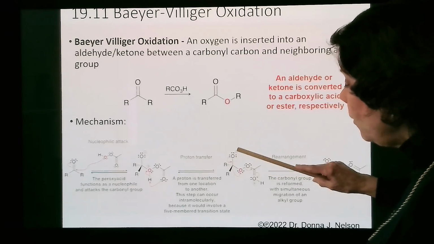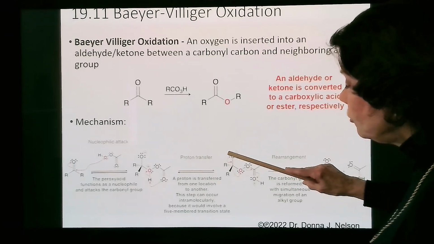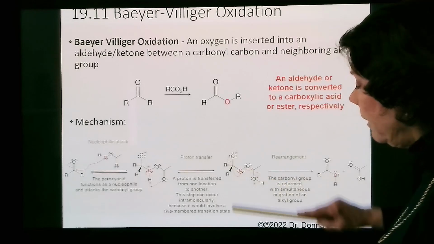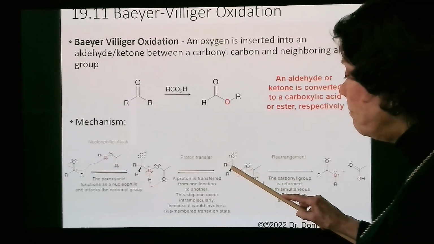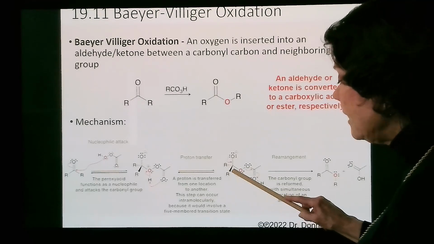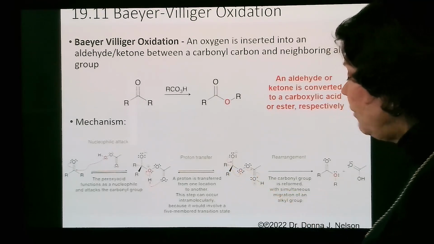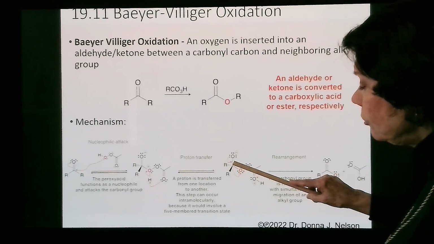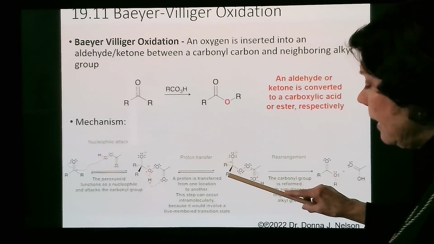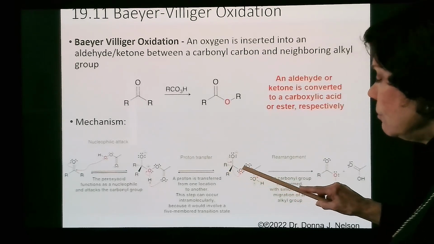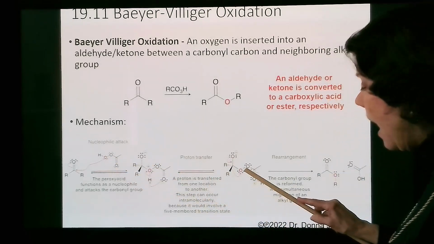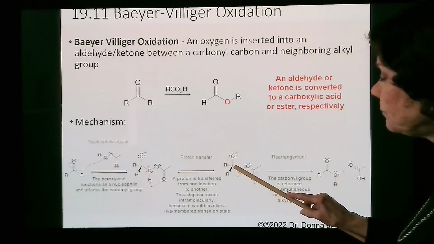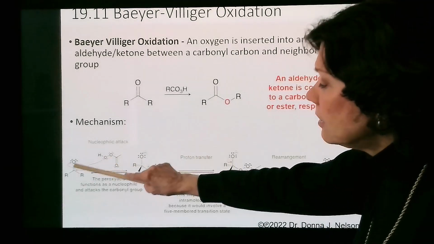And so when the pair of electrons on this oxygen moves in and reforms the carbonyl, you have a migration of a group that is attached to carbon, migrates over to the original oxygen that is so active. And so the one that did the original attack.